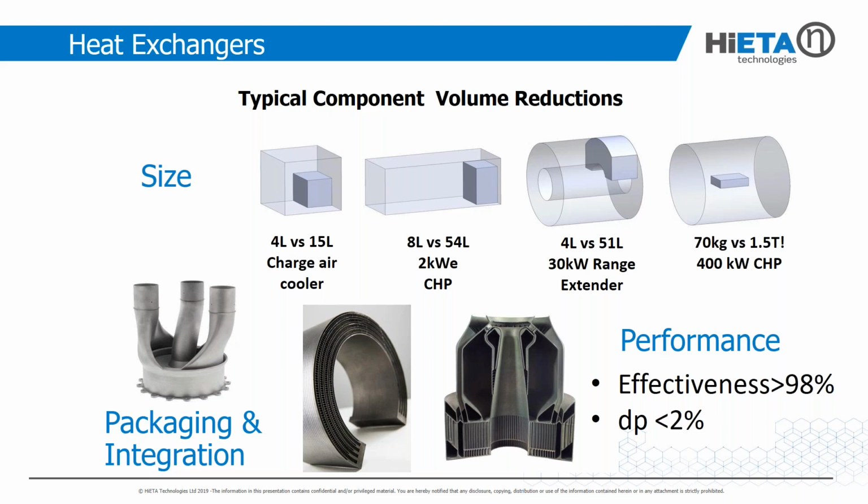By improving the heat transfer surfaces, manifolding and packaging, you can see from 15 liters we can build it with the same efficiency in 4 liters, 55 is quite significant, to 8 for CHP ones. For range extenders, from 51 liters to 4 liters. I think it's quite impressive how small the AM built ones are, from a packaging point of view, and AM parts are quite flexible as well.